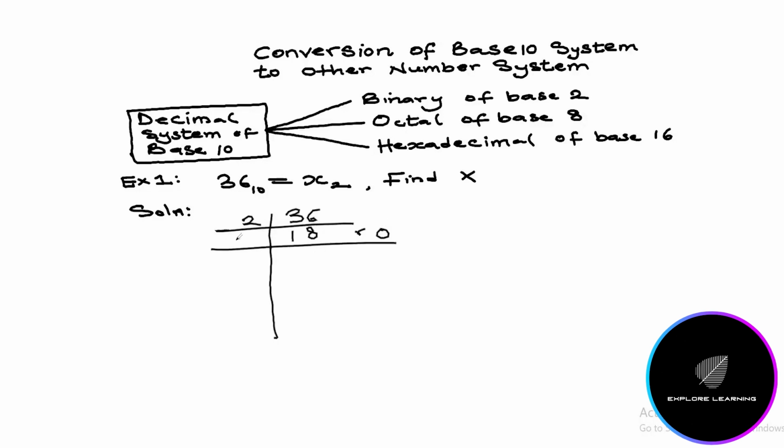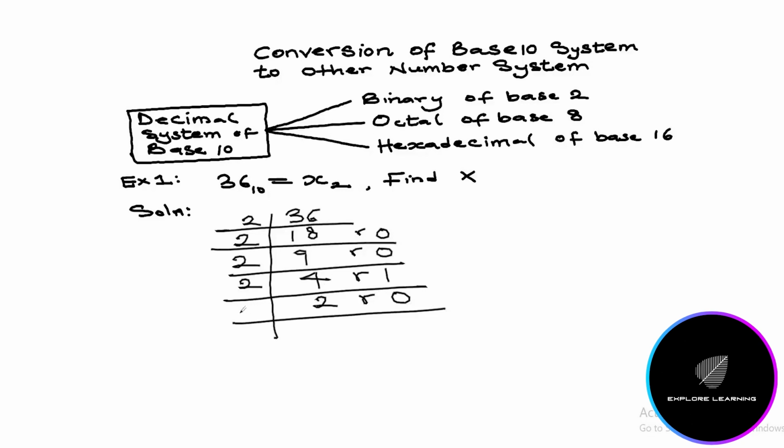So we say 2 into 18, that will be 9, remainder 0. So we say 2 into 9, that will be 4, remainder 1. So we say 2 into 4, that will be 2, remainder 0. So we say 2 into 2, that will be 1, remainder 0.